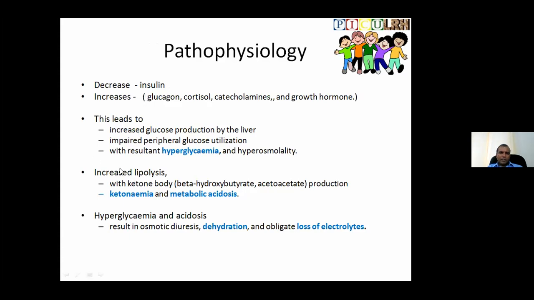The same thing leads to increased lipolysis, so that you will have ketonemia and metabolic acidosis, and hyperglycemia and acidosis result in osmotic diuresis and cause dehydration and loss of electrolytes. So the clinical features or salient points in DKA are hyperglycemia, ketonemia, metabolic acidosis, dehydration, loss of electrolytes. Those are the main problems in DKA.